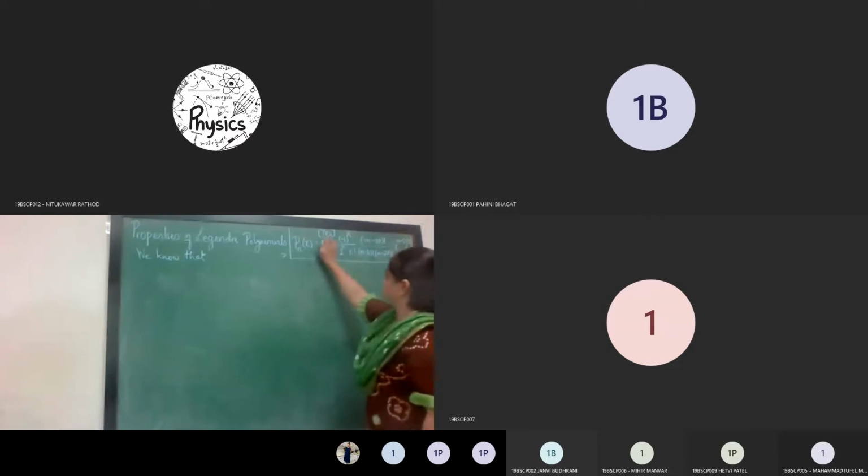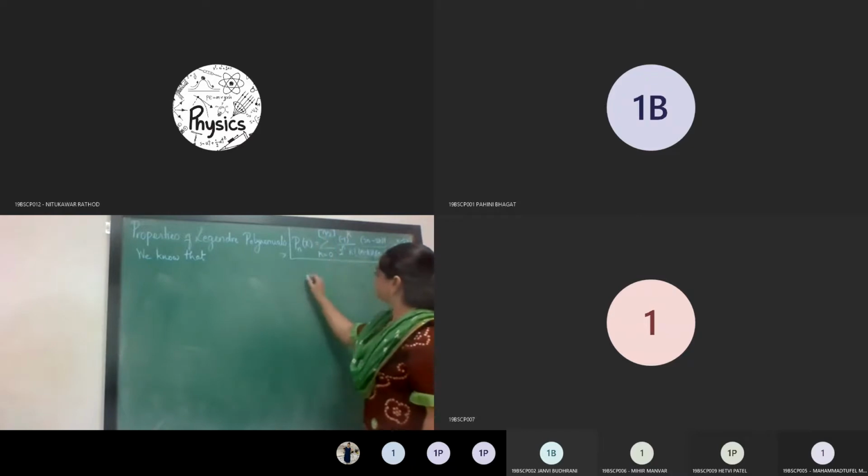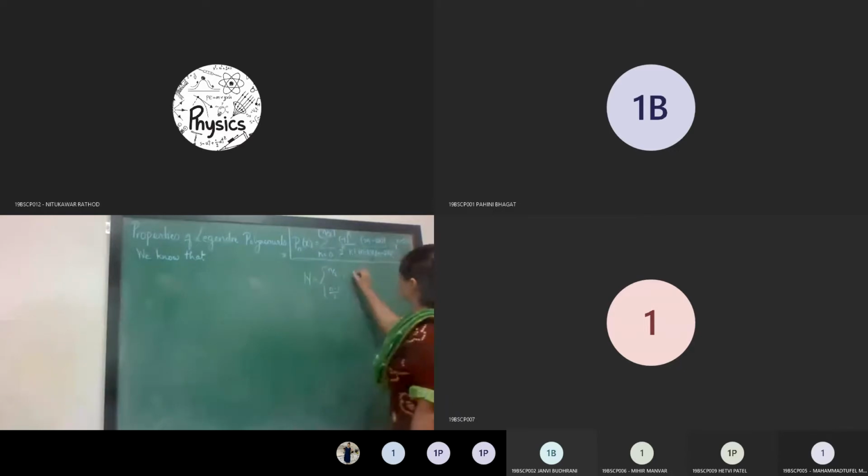You can see I have written, instead of capital N, the integral part of n by 2. Why have I taken this? Because N is n by 2 if n is even, and n minus 1 by 2 if n is odd.